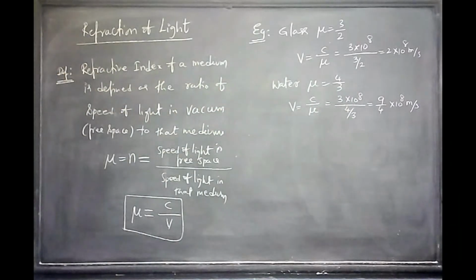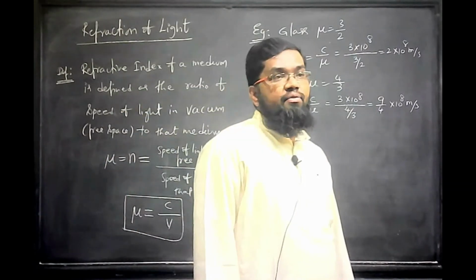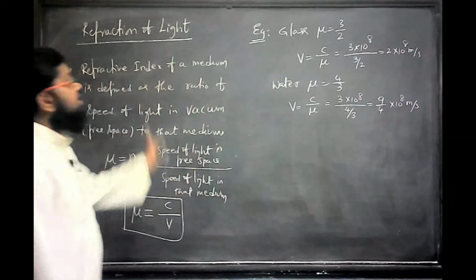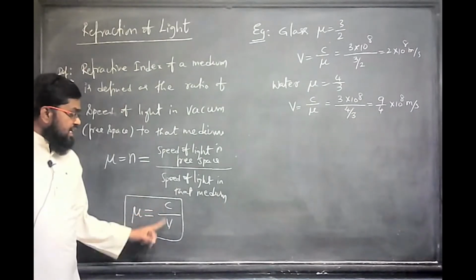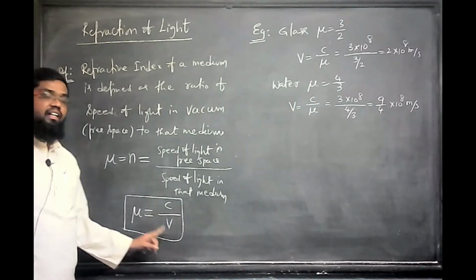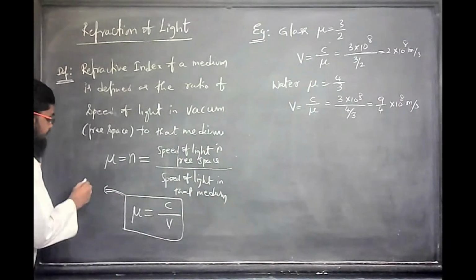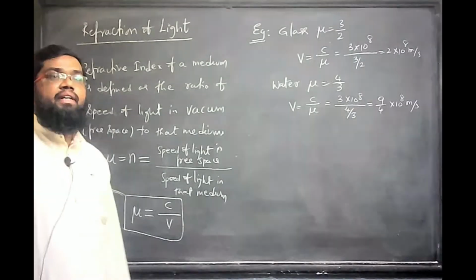The highest possible speed is the speed of light in vacuum, that is in free space. All other mediums have less than that. So as C is always greater than V, mu is always greater than 1, and equal to 1 for free space.